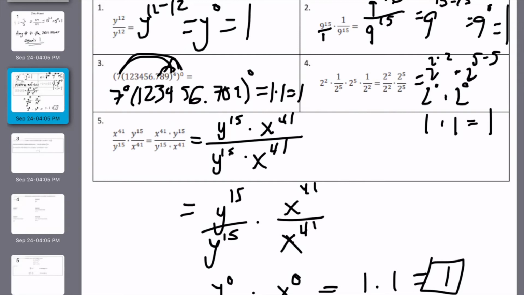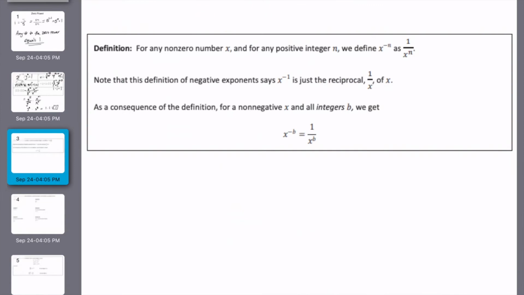So let's move on to another exponent law. So our definition: for any non-zero number x and for any positive integer n, we define x to the negative n as 1 over x to the n. So this is essentially saying whenever we have a negative exponent, we make it the reciprocal, okay?